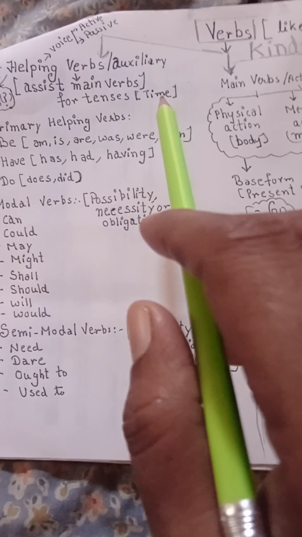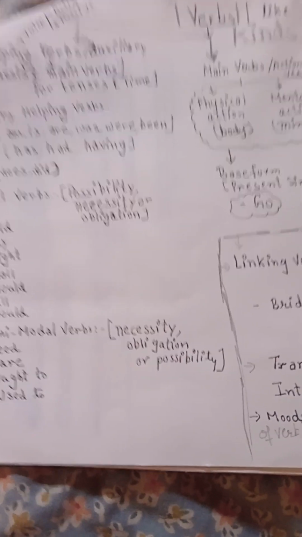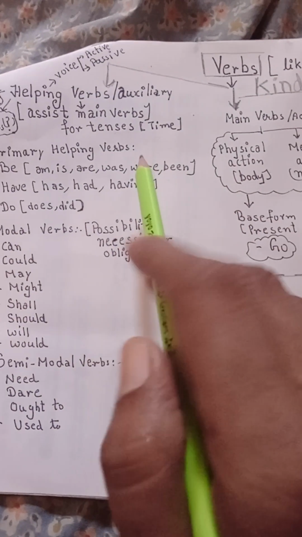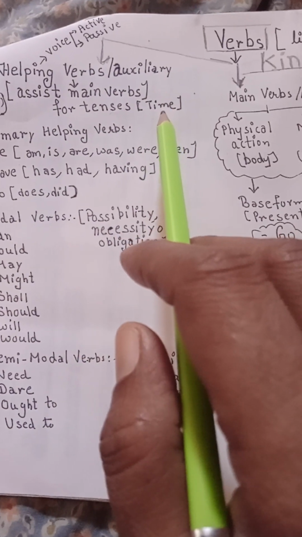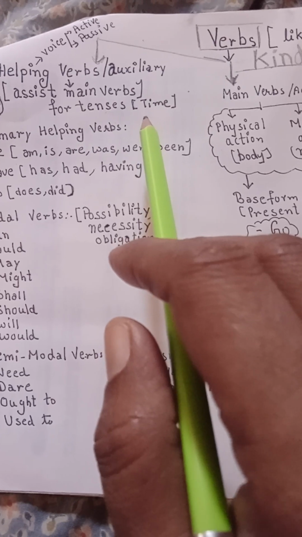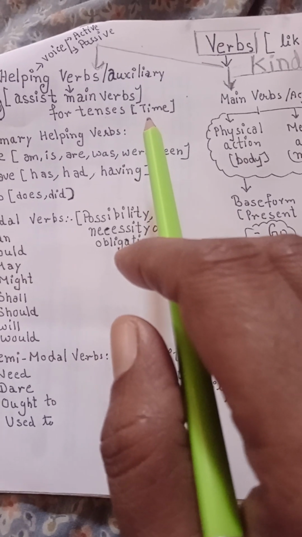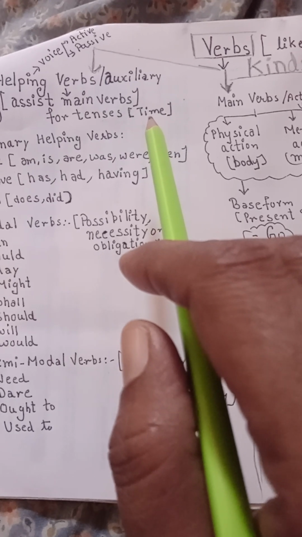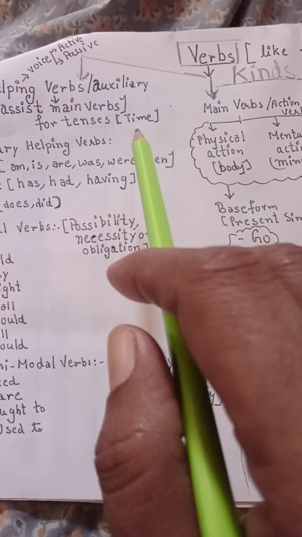Tenses means time, and time is of three types. Present time means today, past time means yesterday, future time means tomorrow.